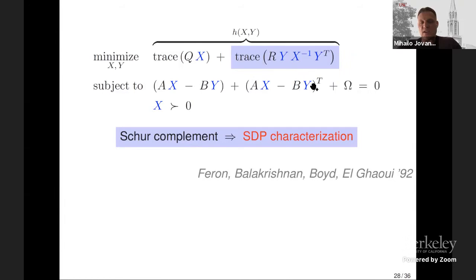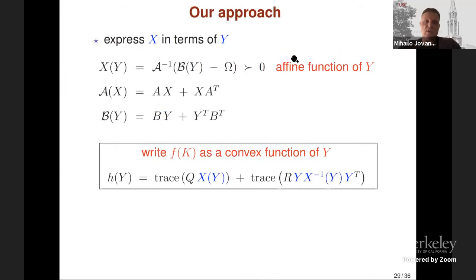Your quadratic equality constraint has become linear, and what control theorists would typically do is utilize the Schur complement here to bring it into a semi-definite programming characterization, which is dual essentially to the algebraic Riccati equation. This is not what we do here.